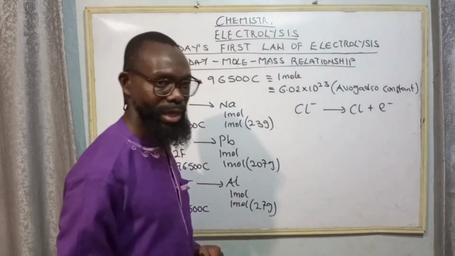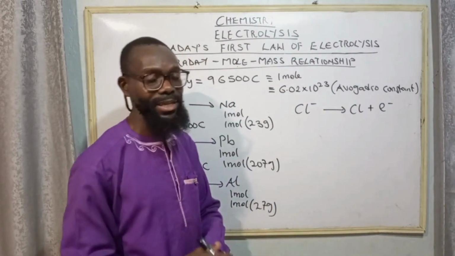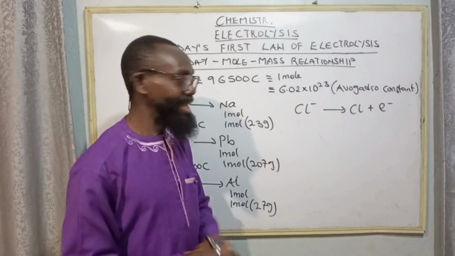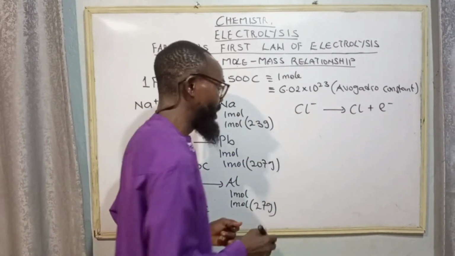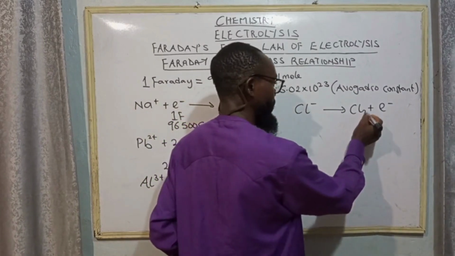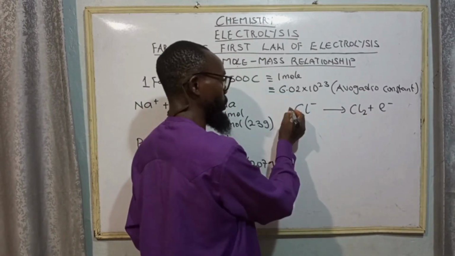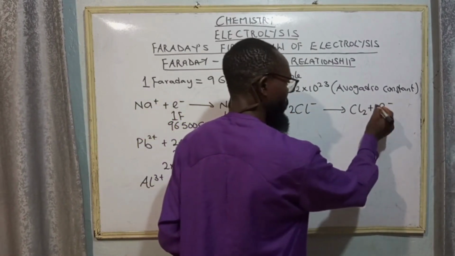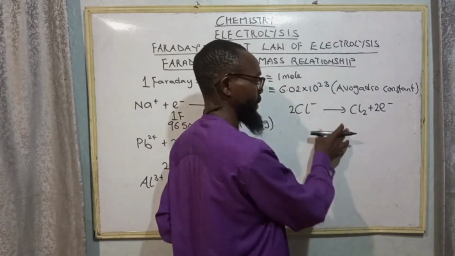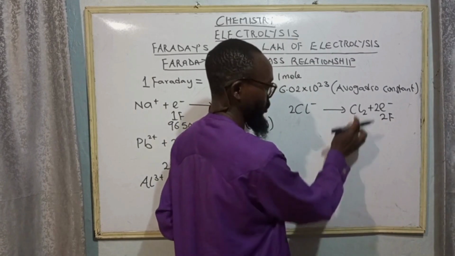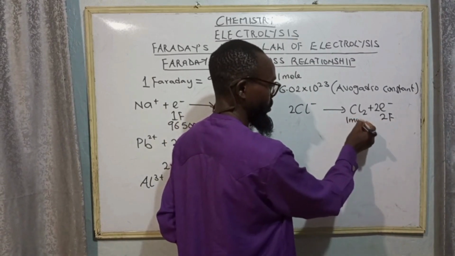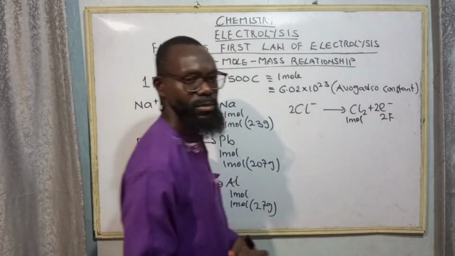But we know very well that chlorine is a diatomic gas, meaning it can never be written this way. It should be Cl2. Now, if I put 2 here, Cl2, definitely 2 will be here. Then I'm going to have 2 here. This means 2 Faradays of electricity here is going to deposit 1 mole of chlorine.